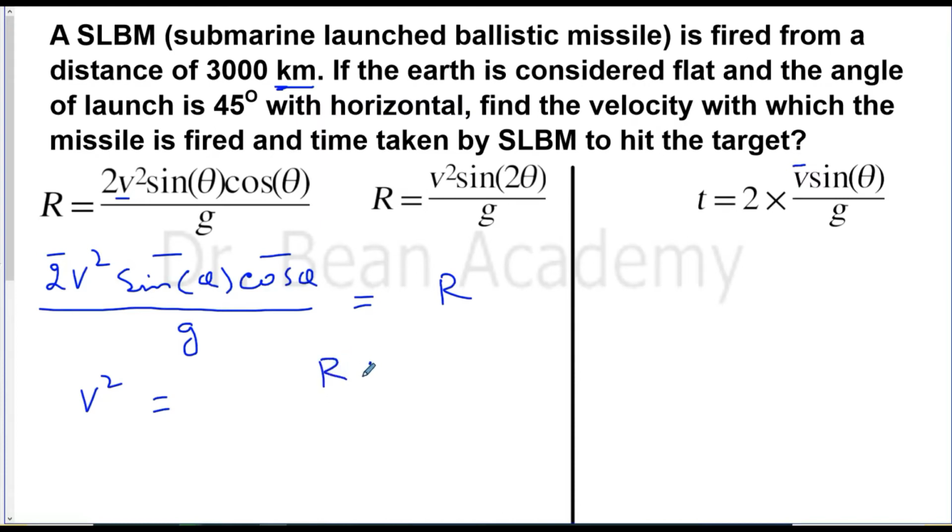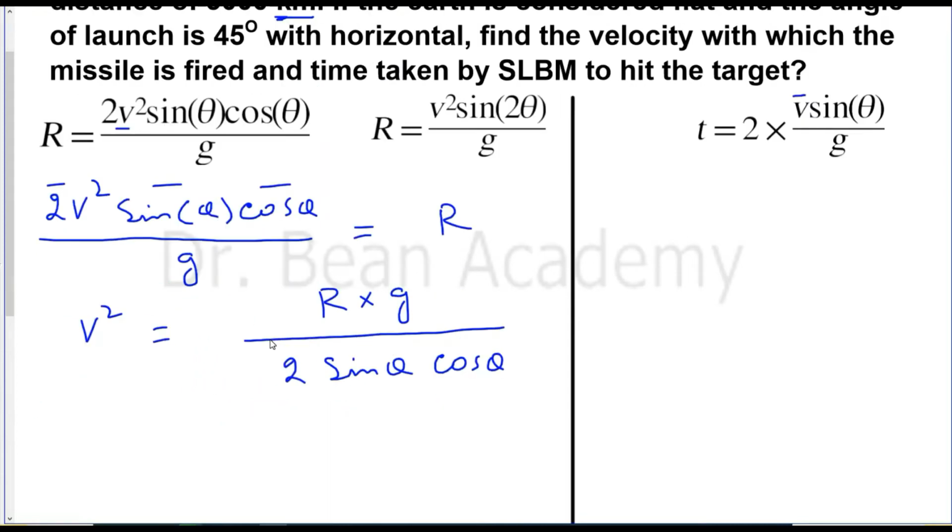So it will become R multiplied by g when I multiply this equation with g, and these terms, 2 sine of theta and cosine of theta, will appear in the denominator because I will divide the equation with 2 sine of theta cosine of theta. When I divide this term with the 2 sine of theta cosine of theta, they will cancel out each other. So I am left only with v squared.